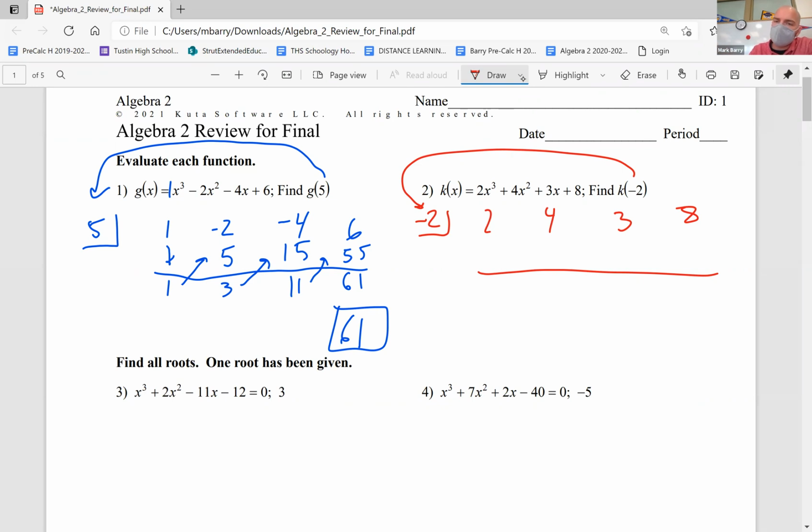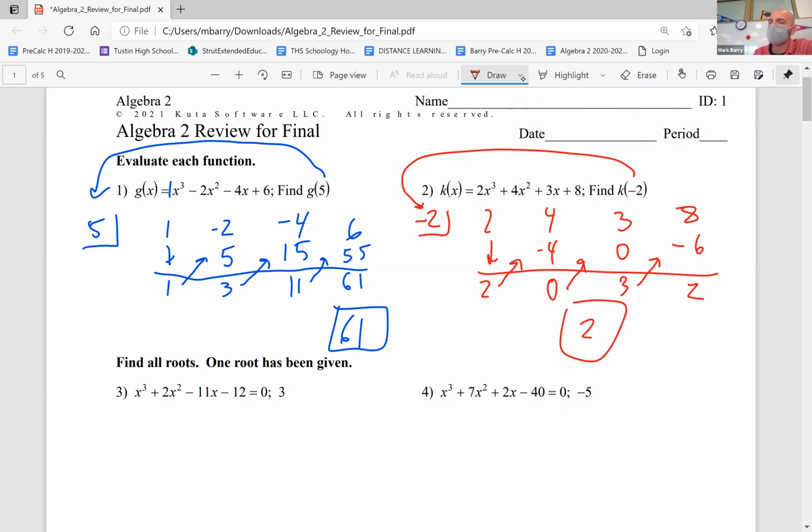All right, so let's go over it now. So I'm going to bring down the 2, never change that first number. Multiply by what's in the cupboard every time I go up. So now every time I go up, I'm going to multiply by -2. So 2 times -2 is -4. 4 plus -4 would give me 0. 0 times -2 is still 0. 3 plus 0 is 3. 3 times -2 is -6. 8 plus a -6 is a +2.